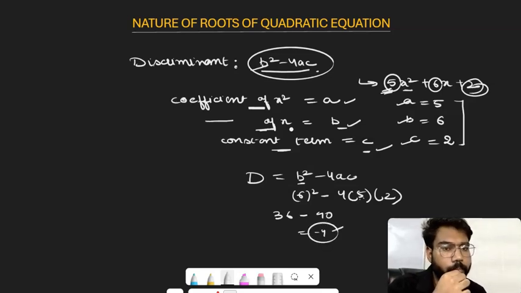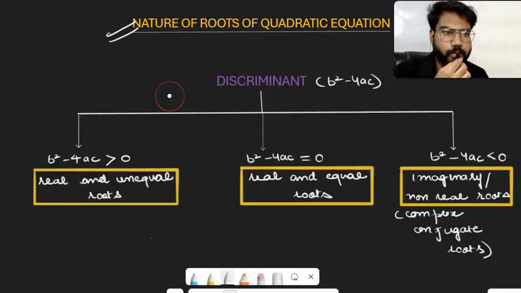Now, based on the value of the discriminant, we decide the nature of roots. Based on the value of the discriminant, we basically have three cases. The first case is if the value of the discriminant is greater than 0, so b square minus 4ac is greater than 0.